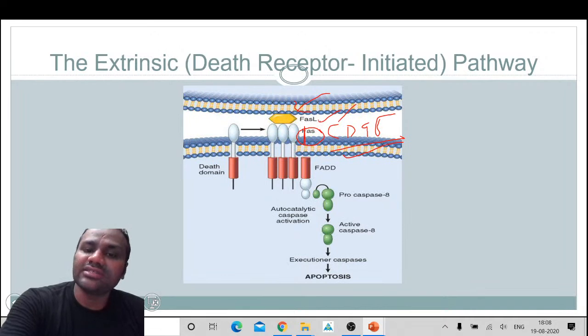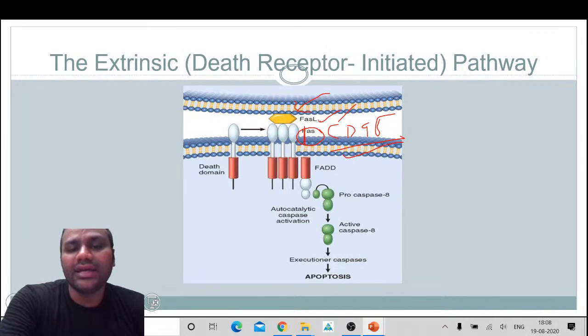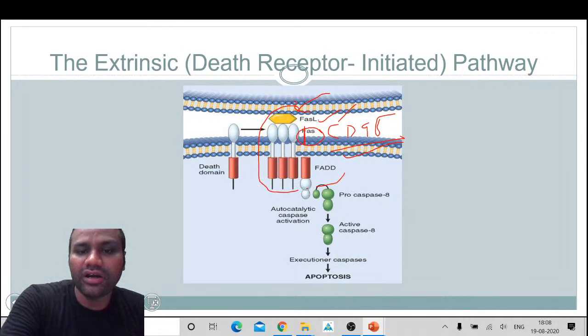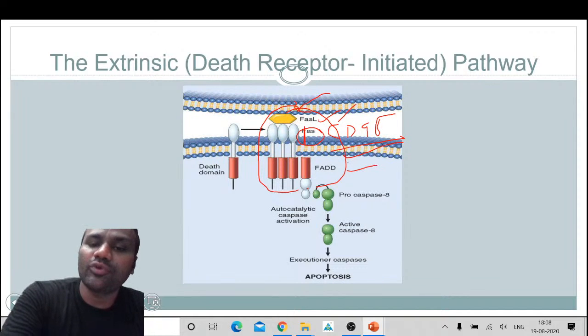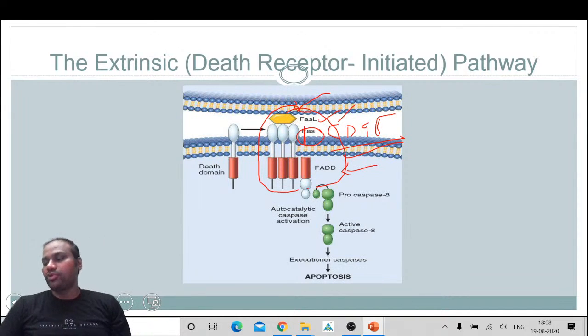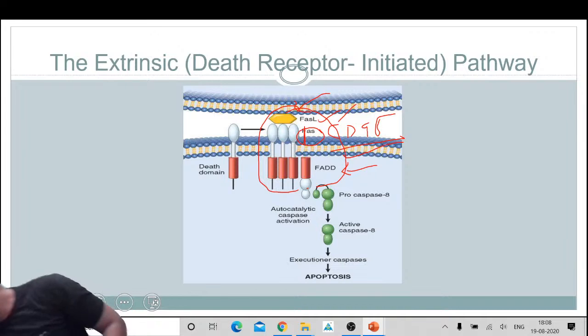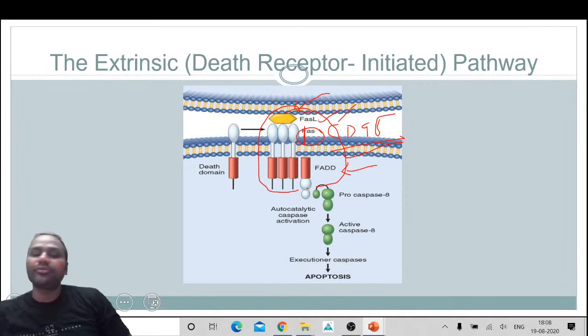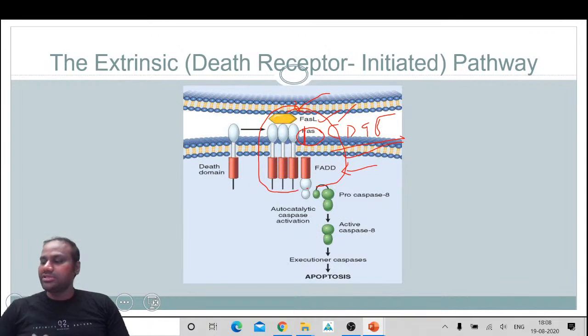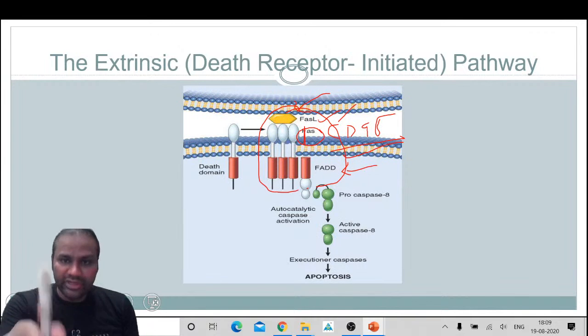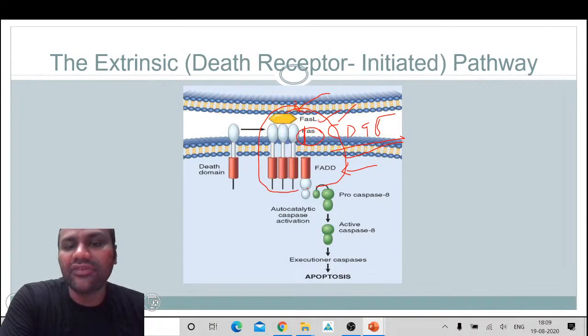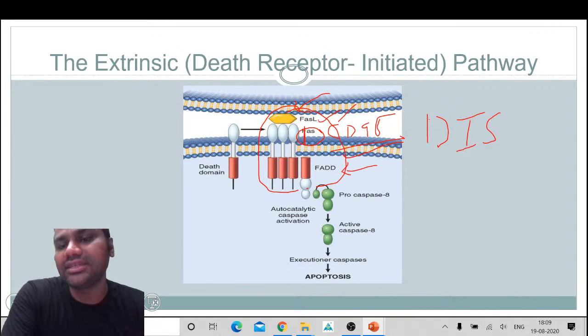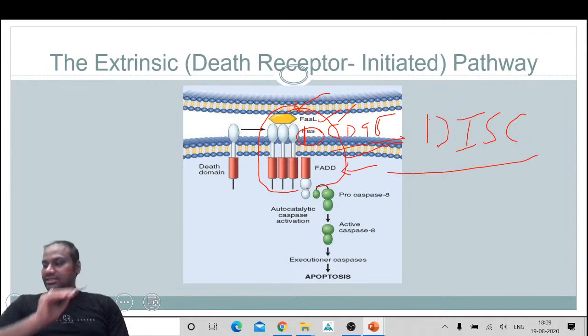The Fas ligand and receptor bind together and activate the adapter proteins. FADD is an adapter protein. Together with the Fas ligand, Fas and FADD form what we call the DISC, the death inducing signaling complex.